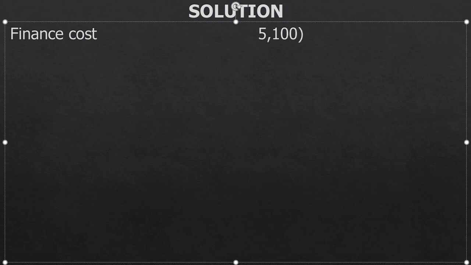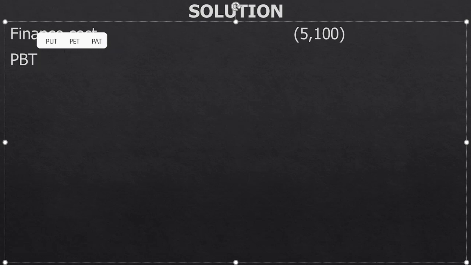So we are ready to put it in brackets. Putting it in brackets means we are raising it. So what do we get? What we get is profit before tax. So when we raise 5,100, what we get here is 42,700. That is profit before tax.